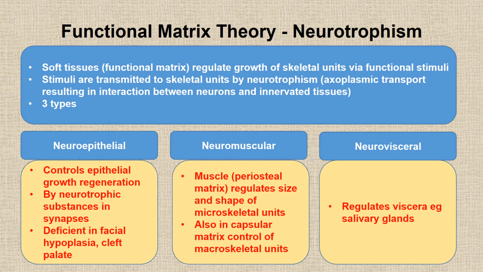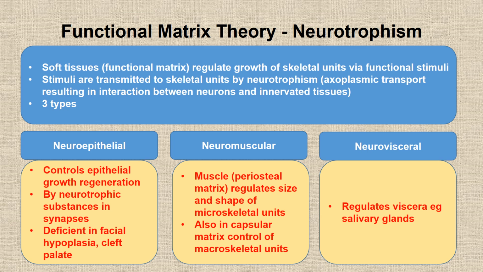Now, the soft tissues or the functional matrix regulate growth of the skeletal units via functional stimuli, and these stimuli are transmitted to the skeletal units by what is known as neurotropism. Now, neurotropism involves axoplasmic transport resulting in interaction between the neurons and the innervated tissues.